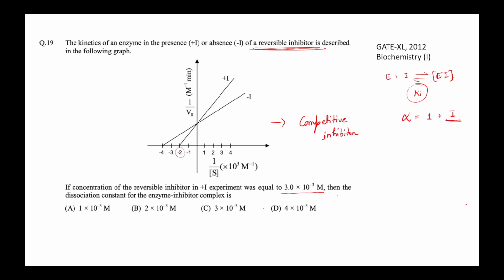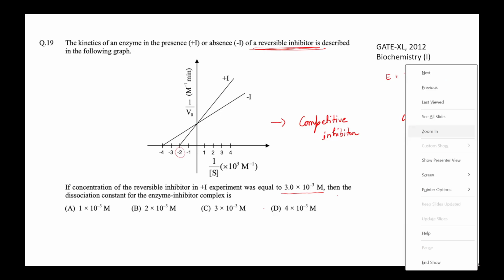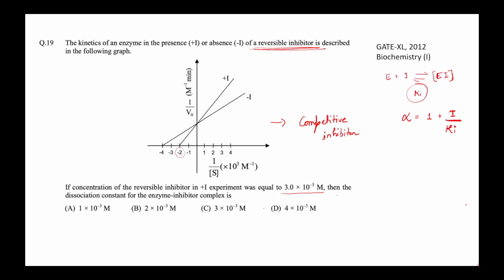This is the formula to calculate the dissociation constant. Alpha is the factor with which we are seeing the decrease and increase, I is the inhibitor concentration, and Ki is the dissociation constant which we are supposed to find out.